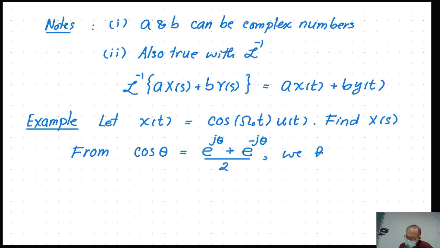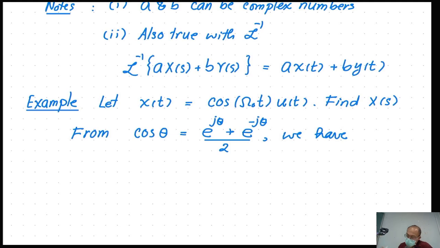This is from Euler's identity. The theta here is just omega 0 t, so whenever you see theta, you replace it with omega 0 t.